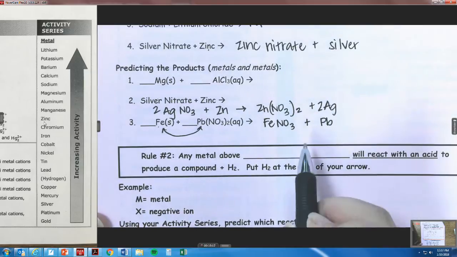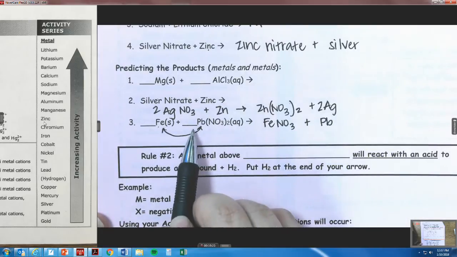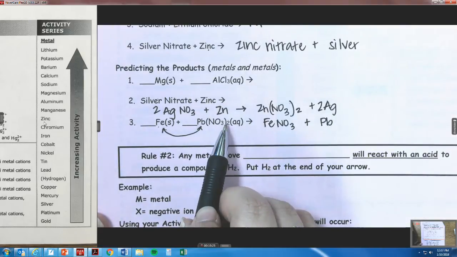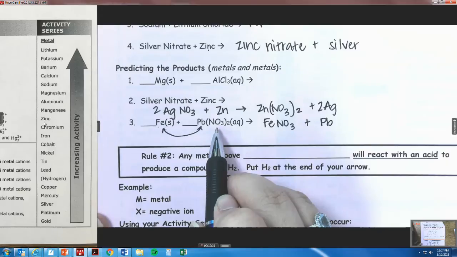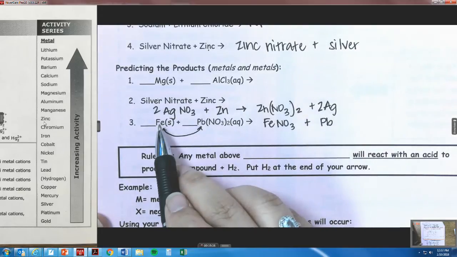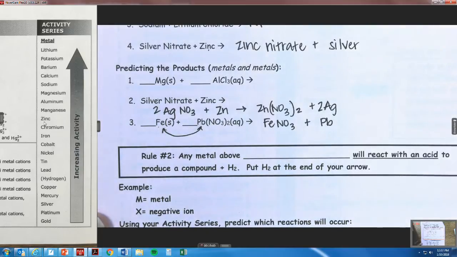Okay, so be careful with your charges. NO3, or I'm sorry, let's backtrack. So lead is going to have a charge of positive 2. Nitrate has a charge of negative 1. Okay, but iron, it doesn't really specify what our charge is.